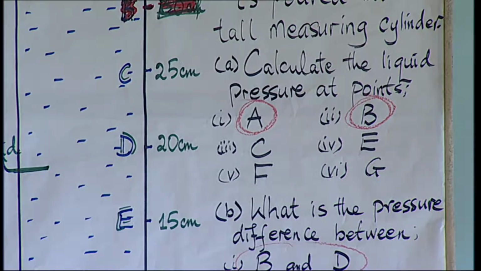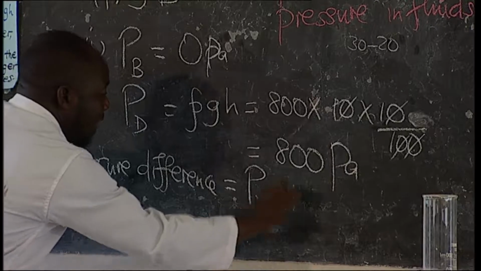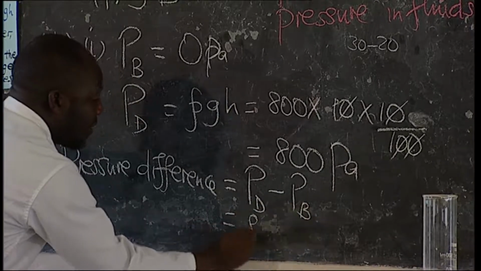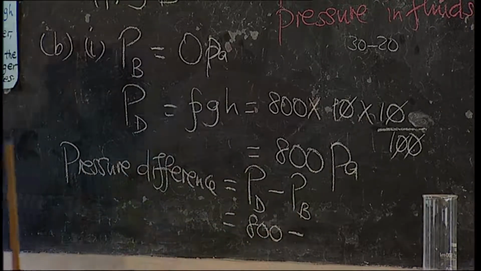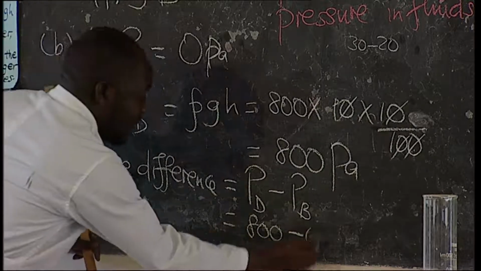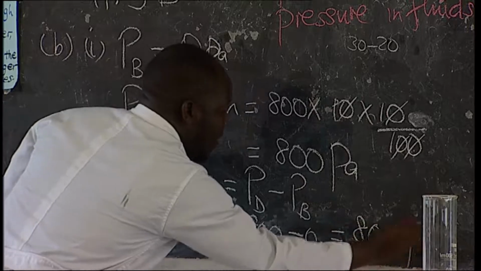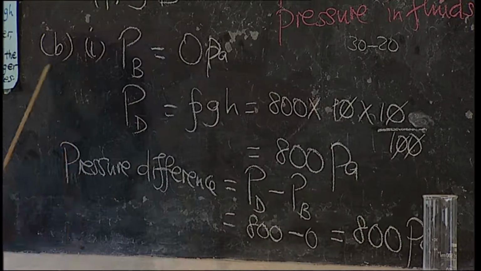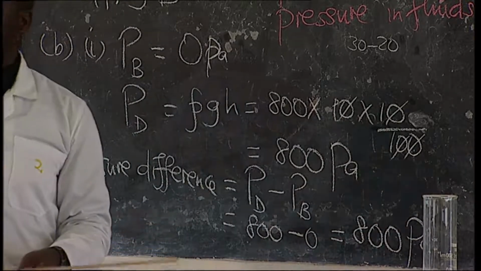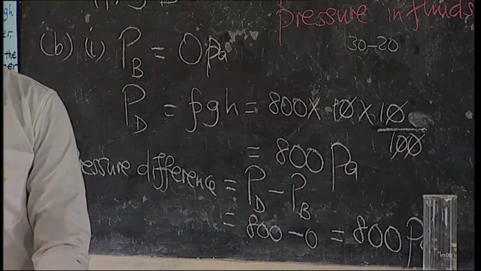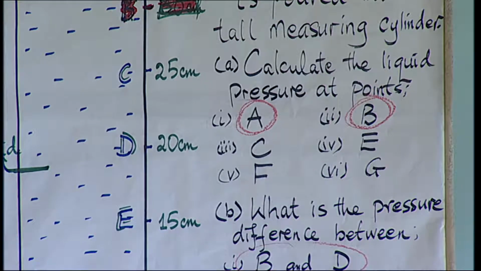So this is going to give us pressure at D minus pressure at B, which is going to be 800 minus 0, which is 800 Pascal. So the pressure difference between B and D is 800 Pascal.